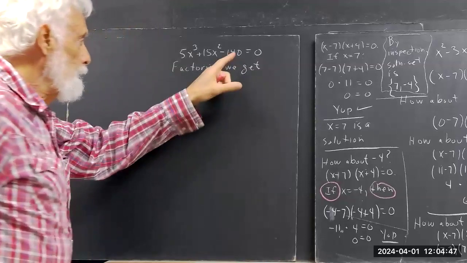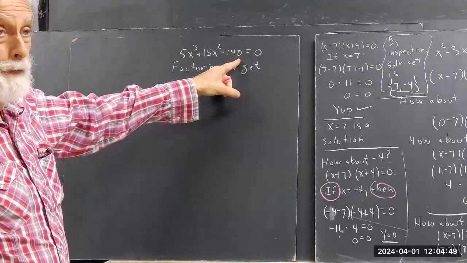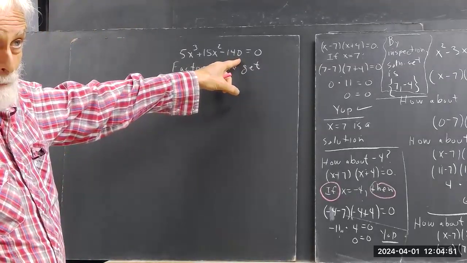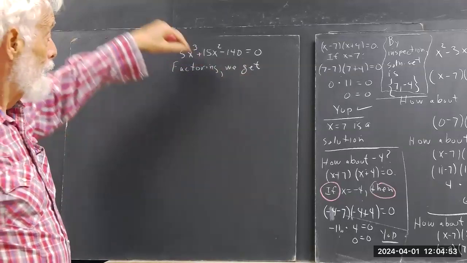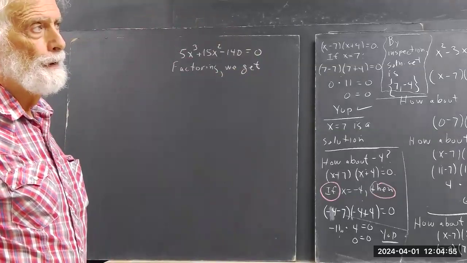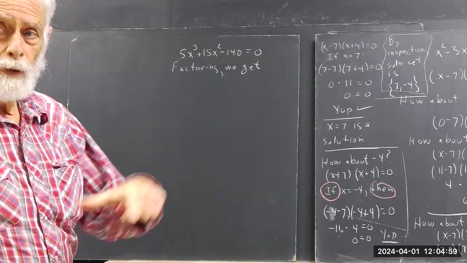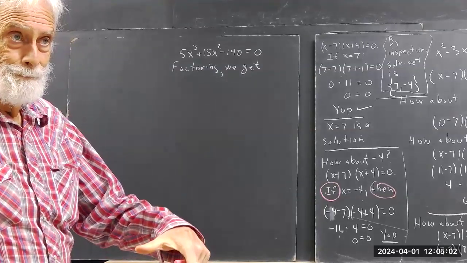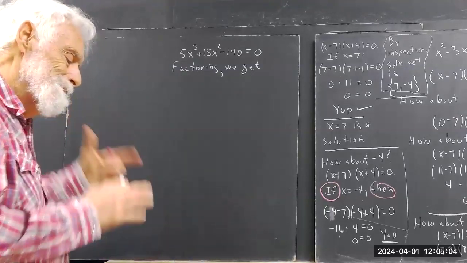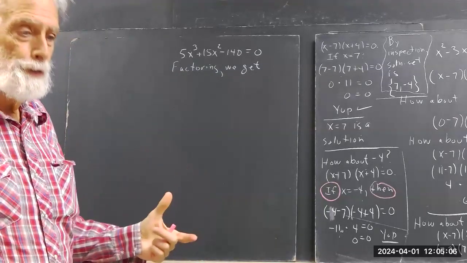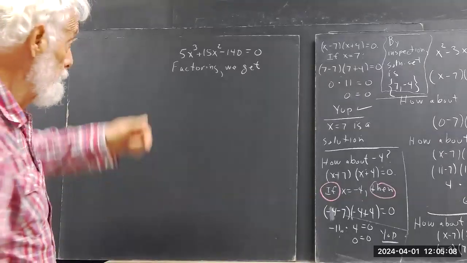Incidentally, if I change this to 141, there's no way you're going to factor it. So factoring is actually kind of limited value in applications, but it's important for understanding. And you won't understand what I just said until you get into it in pre-calculus.